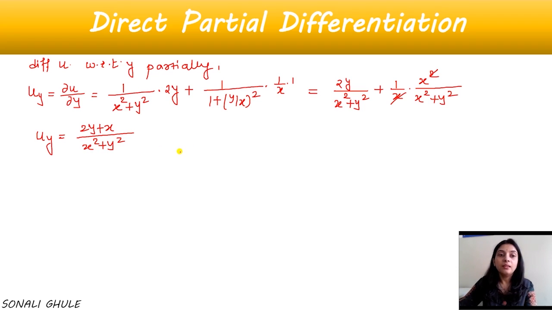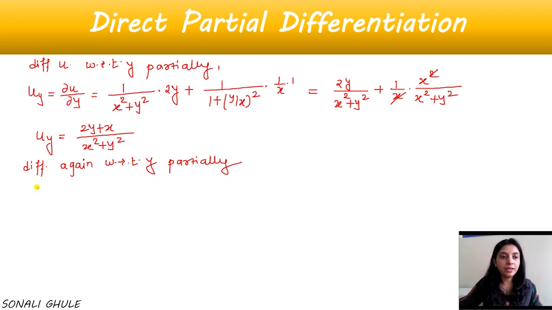Right? Now here differentiating again with respect to y because we want uyy, the double derivative of u with respect to y. So I'm going to write here, differentiate again with respect to y partially. So what do we get? Uyy means the double derivative of u with respect to y. You can write dou 2u upon dou y square also.